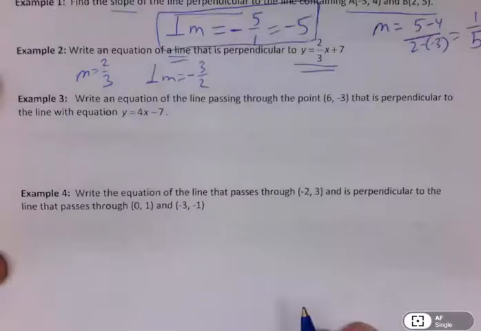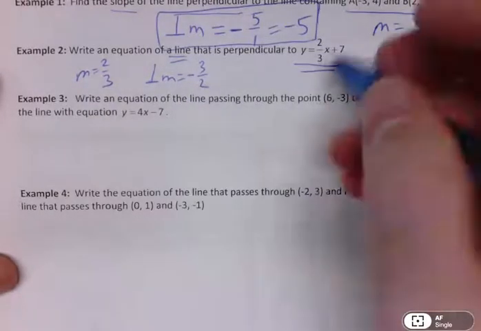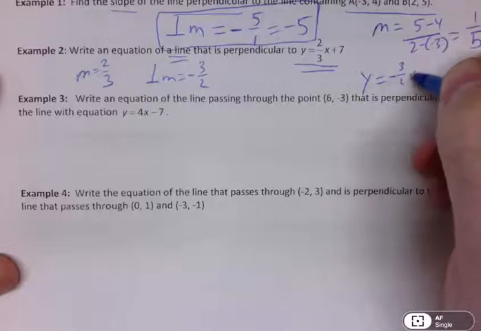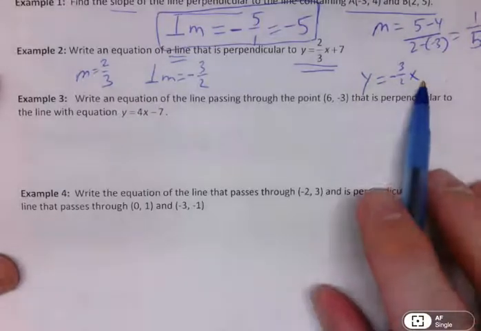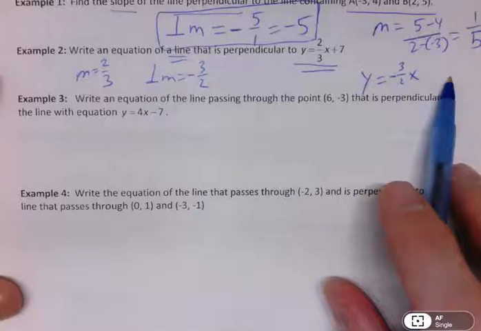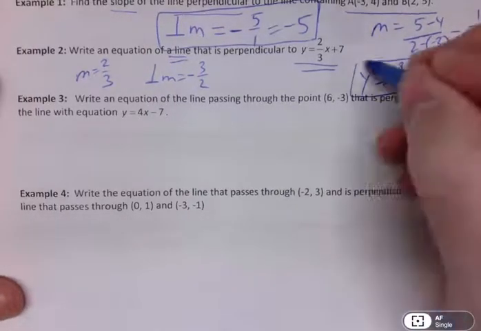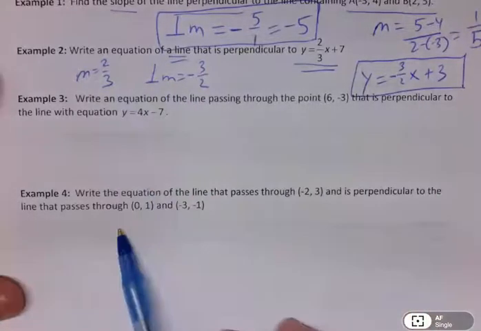Doesn't mean it has to be the only line, but it has to have this slope. So for this one, you could literally write y equals -3 over 2x, and you could pick any number you want. You could just leave it as 0, and it would still be perpendicular. Well, my favorite number is 3, so I'm going to pick 3. So that is the equation of a line perpendicular to the original line, and that's it.